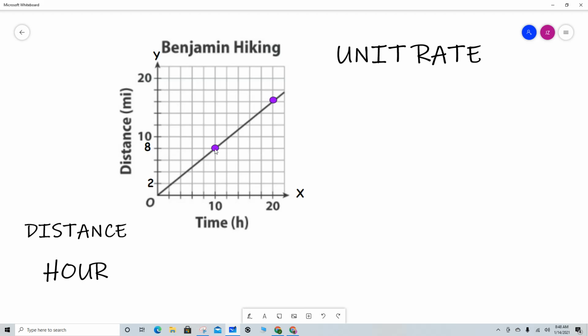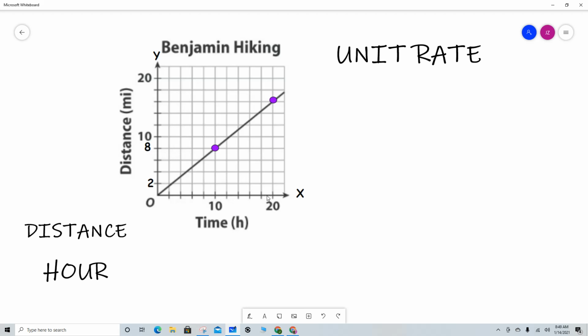Now, if you notice, there are two dots here. The reason I put those dots there is because these are the only times we know for sure how much distance he did in so many hours. For example, if we look right here, in 10 hours, remember this is the time, he was able to hike, if we go up, 8 miles.